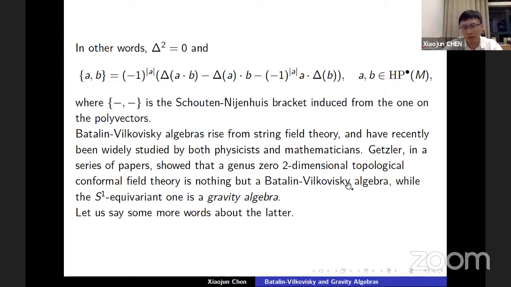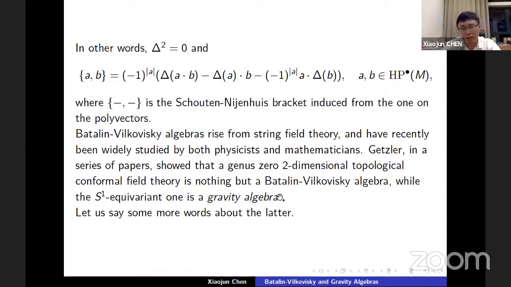It means you may view a BV algebra as a genus 0 two-dimensional TCFT. So this is an equivalence, while the equivariant version is a gravity algebra. So equivariant 2D TCFT is a gravity algebra.